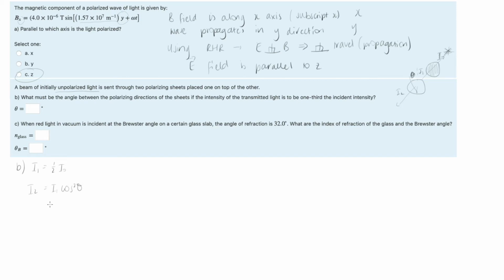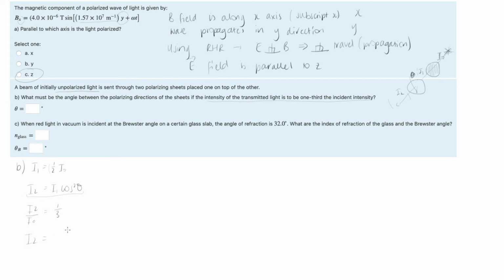Now, we also know that we were told in the question, we want the intensity of the transmitted light to be 1/3 of the incident intensity. So I2 divided by I0 has to equal 1/3. And that's because we were told that the transmitted light, which is I2, has to be 1/3 of the initial. Okay. So let's rearrange this equation to put I1 into here.